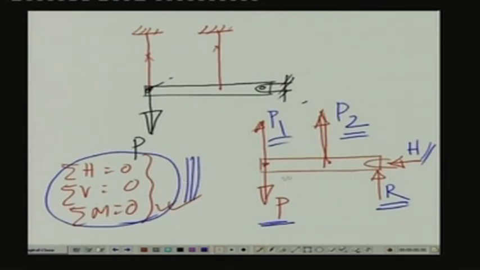Hence, there are systems like this where you cannot evaluate the unknown forces based on the equations of equilibrium alone. Now, you need an additional equation here over and above these 3 equations to solve for these unknown reactive forces.